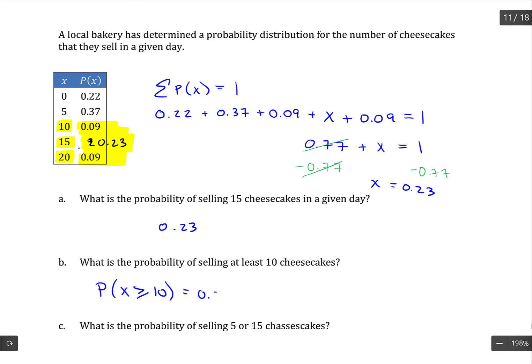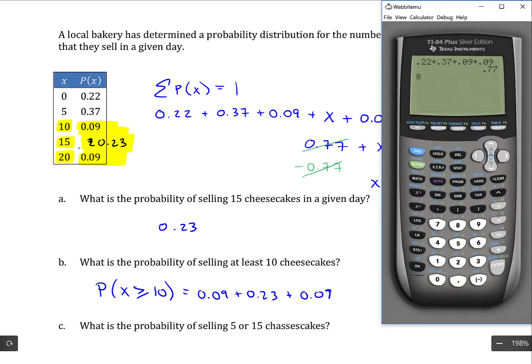So that would be 0.09 plus 0.23 plus 0.09, and let's find out what that is. 0.41.